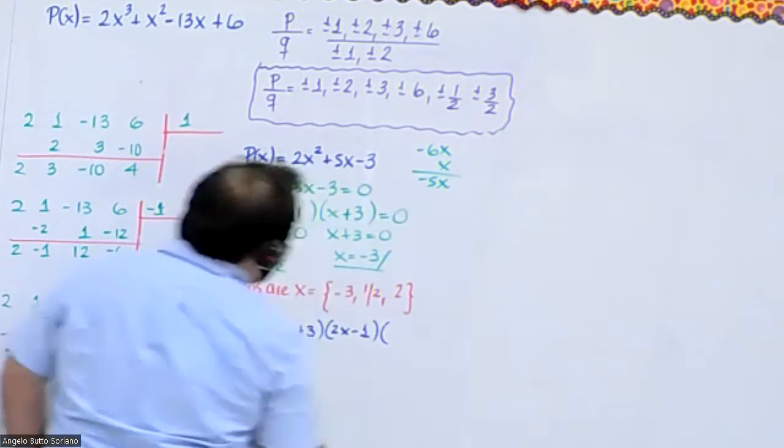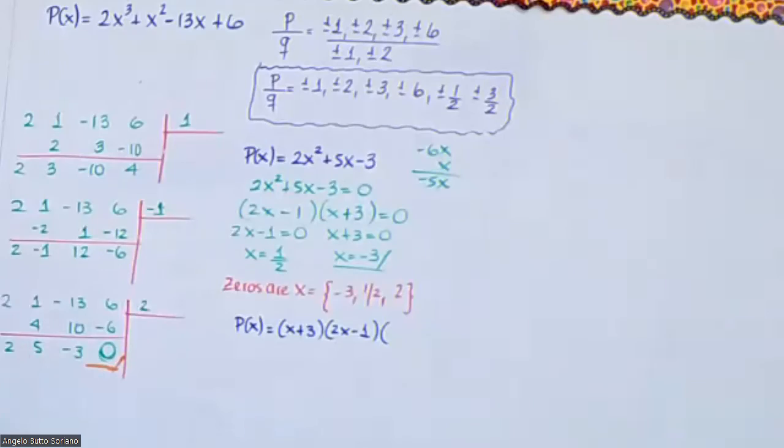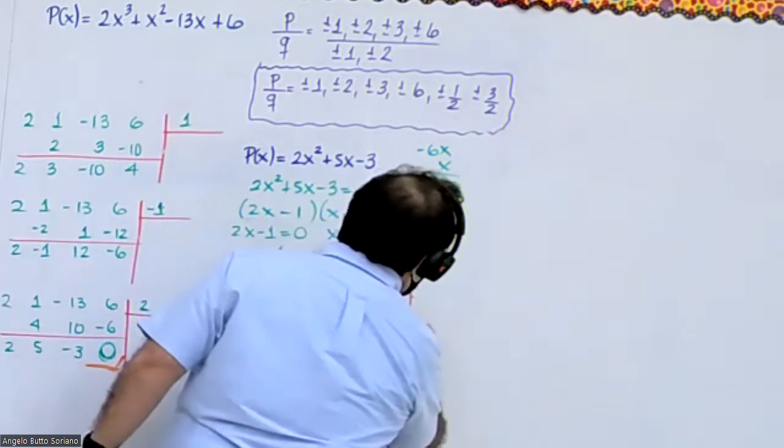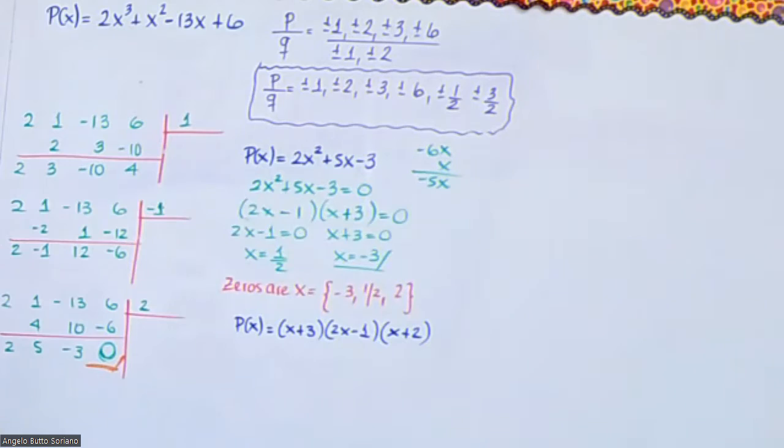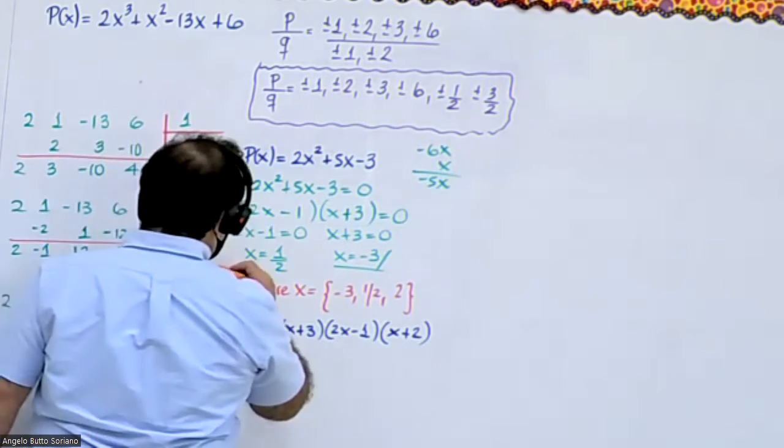And this positive 2 is supposed to be given by x plus 2. And this, my dear students, will be the solution set from the second problem, the second example.